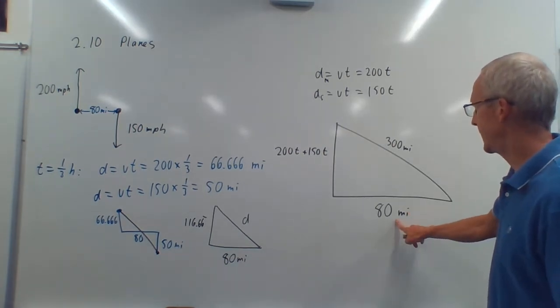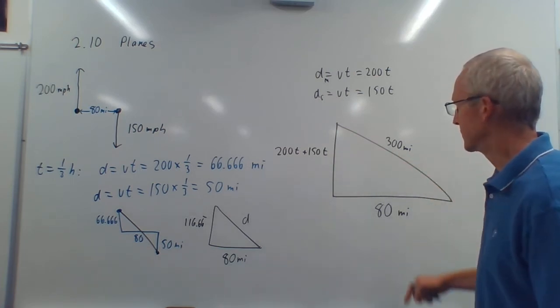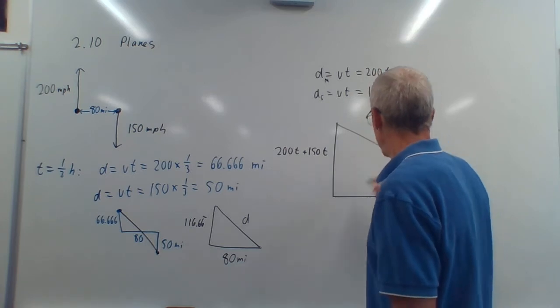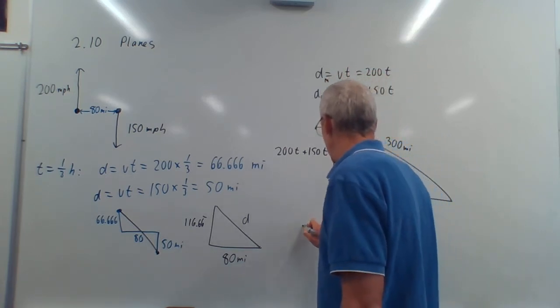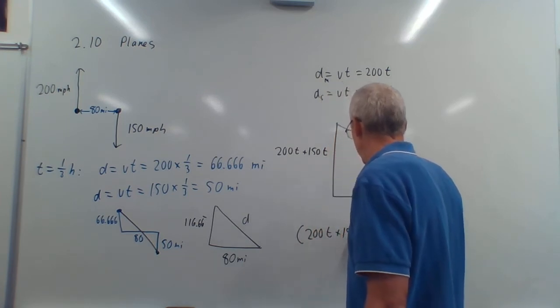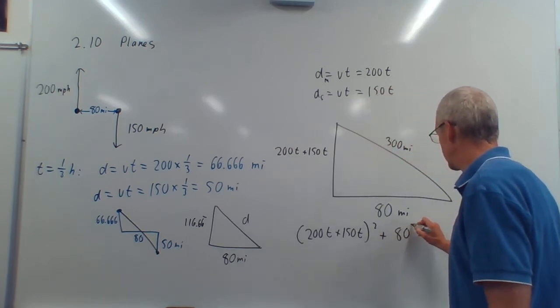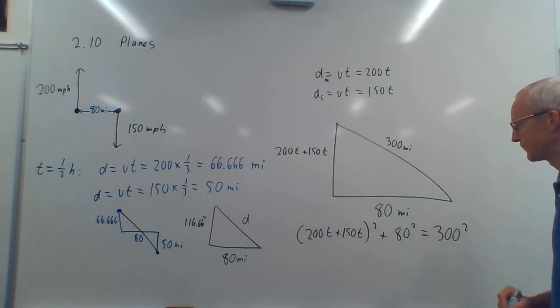So this stays the same. This distance, 200t plus 150t, squared, plus this squared equals that squared. So now we just have another Pythagorean theorem problem. So (200t plus 150t) squared plus 80 squared equals 300 squared.